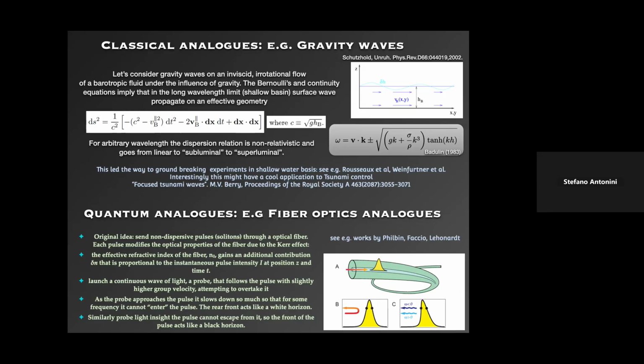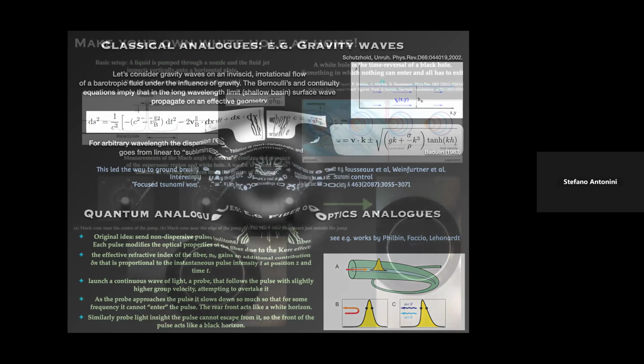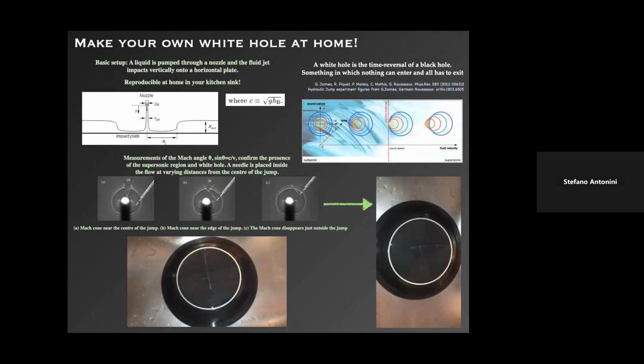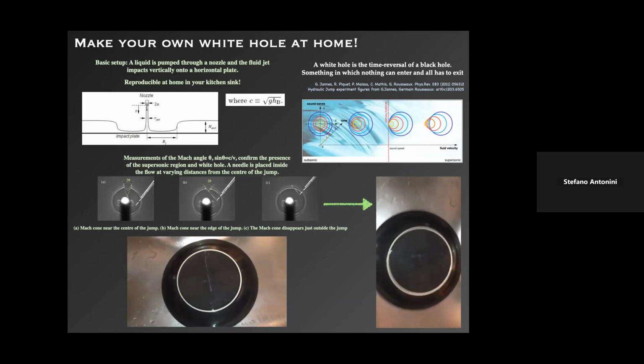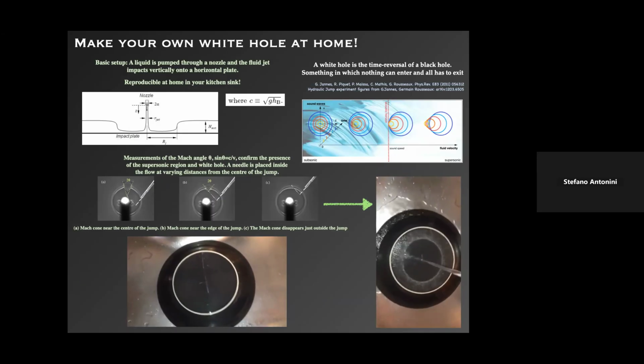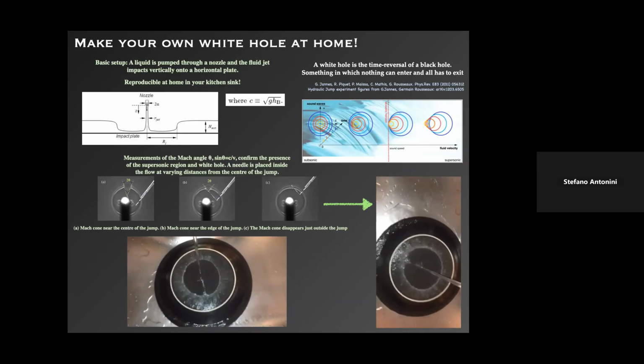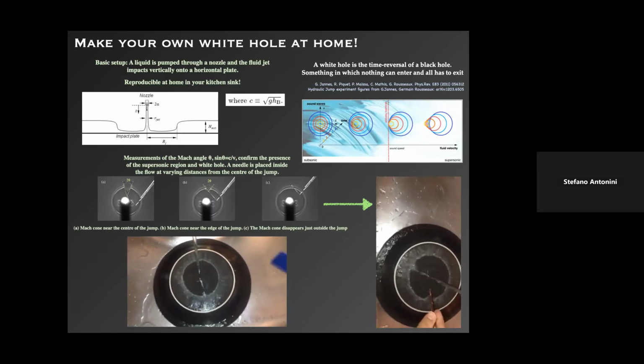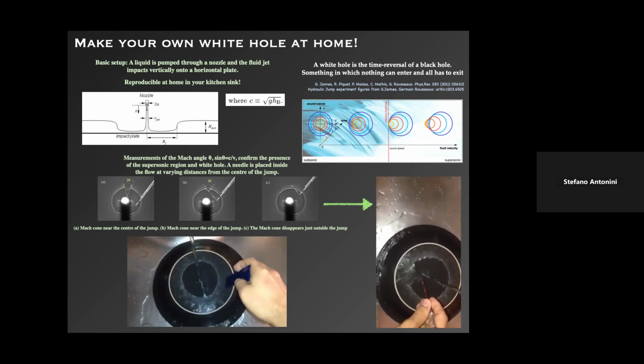It looks more like a dynamical Casimir effect, where you have a moving boundary, basically. Just to see the beauty of this system: sometimes we have concepts that are quite difficult to picture in your mind or that are not present in nature, like white holes.